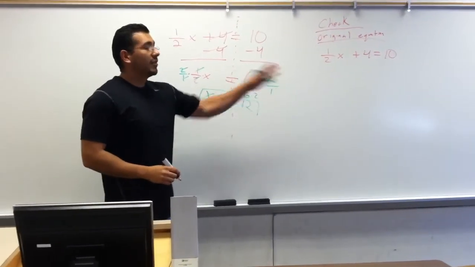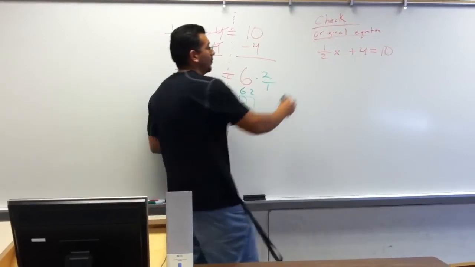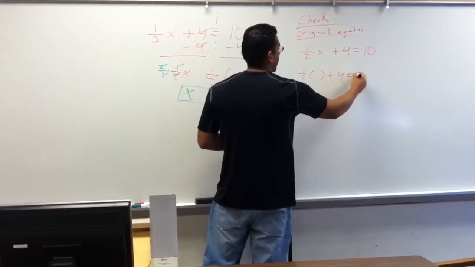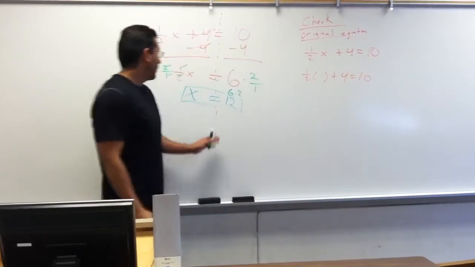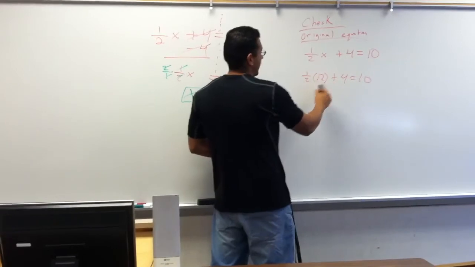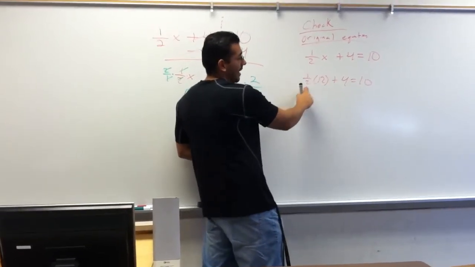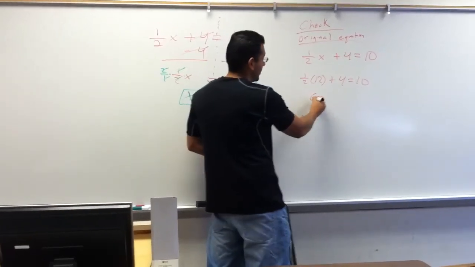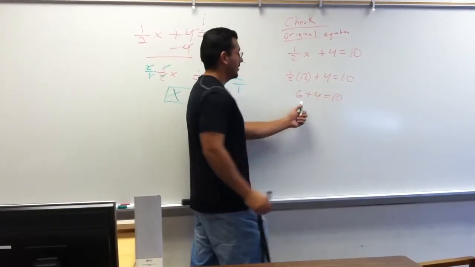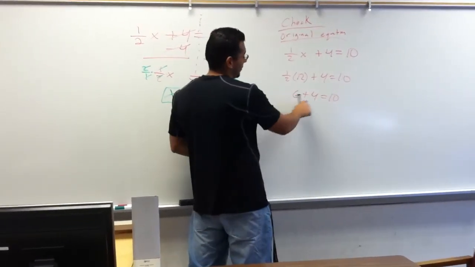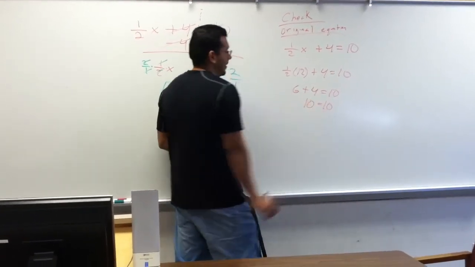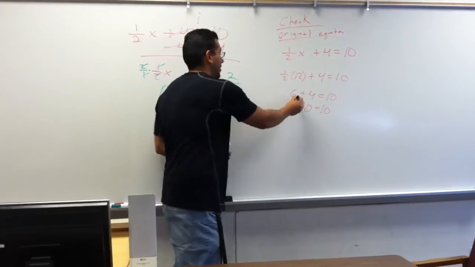So we said instead of writing our x, we're going to go ahead and put a parenthesis. And we go ahead and plug in our answer in that parenthesis, so we got 12. So we got 1/2 of 12, so half of 12, we know 6, and we bring down our 4. So 6 plus 4 is 10, so we have 10 equals 10, so it checks.